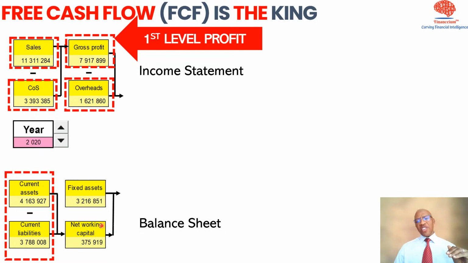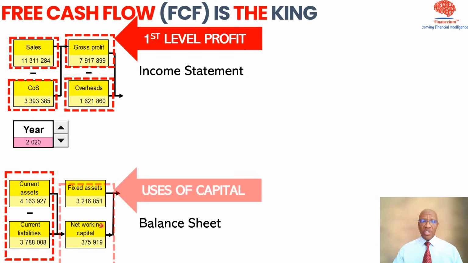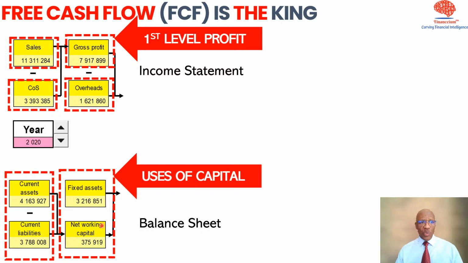And then maybe let's pause here again and remember, what do we use assets for? This is where your accounting financial balance sheet differs a bit from your finance balance sheet. Because from the finance point of view, we're really interested in how you're using your capital. You can use your capital as fixed assets, or you can use your capital as your net working capital.